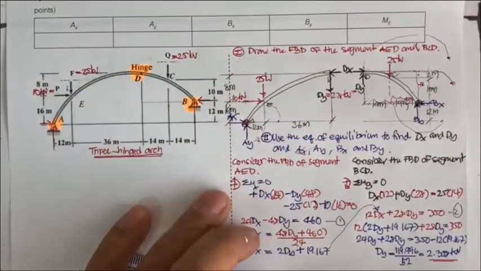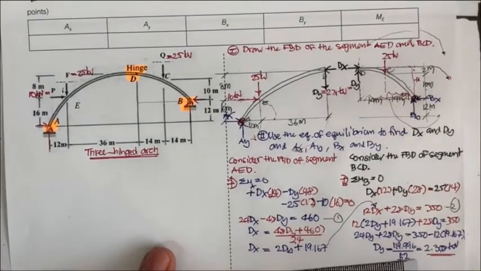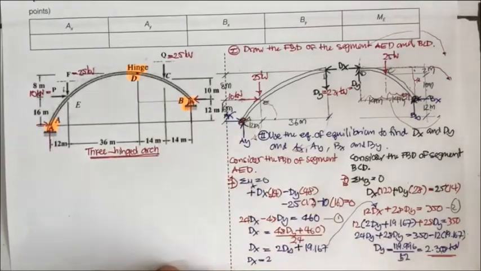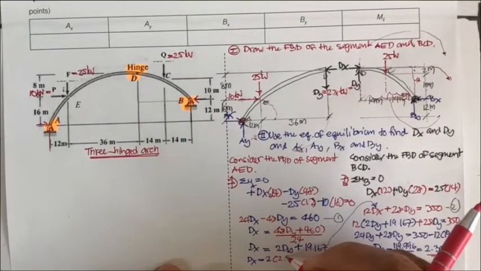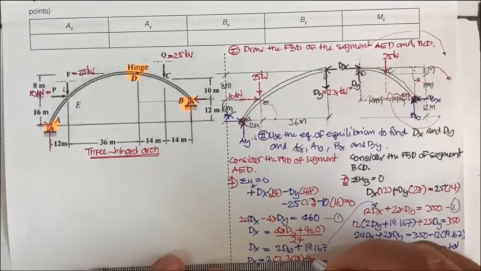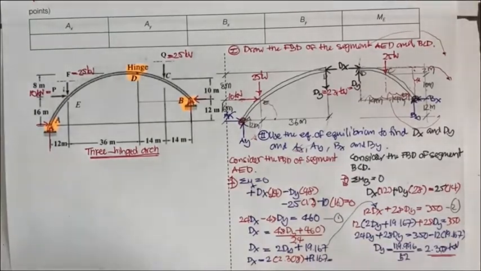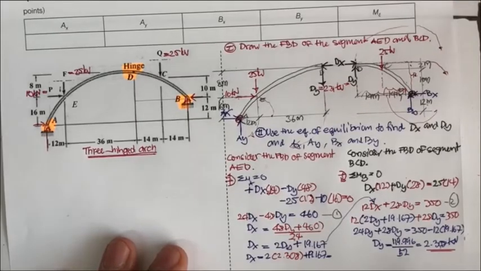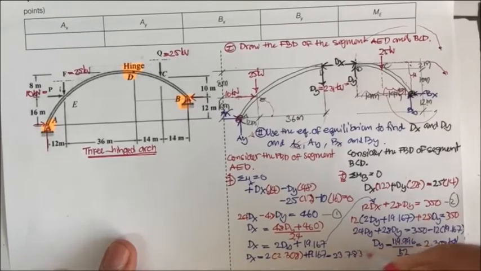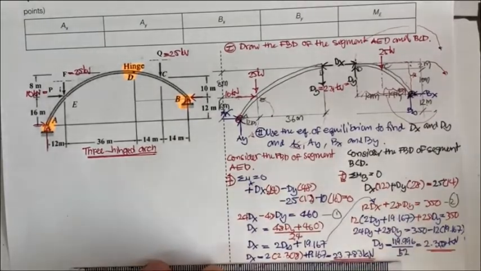If you plug this back here, your d sub x is going to equal 2 times 2.308 plus 19.167, and then you get d sub x of 23.783 kilonewton.